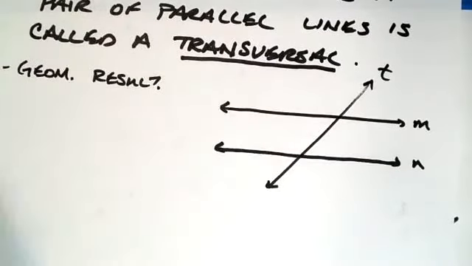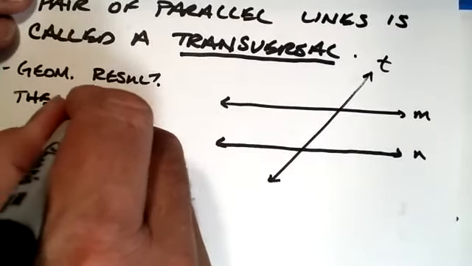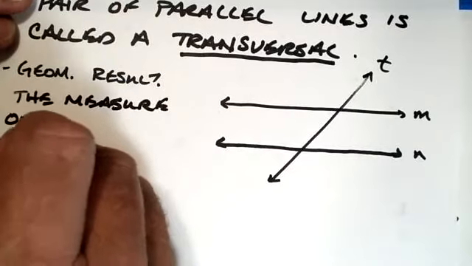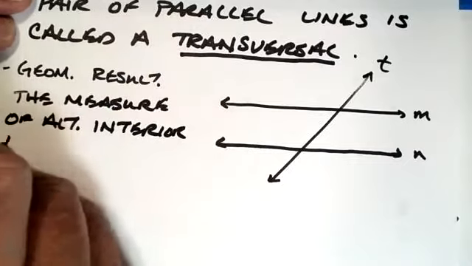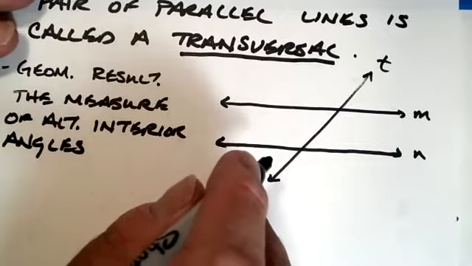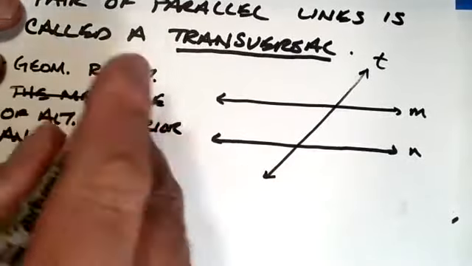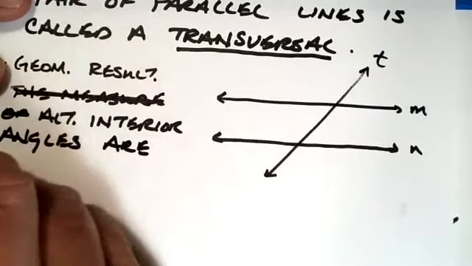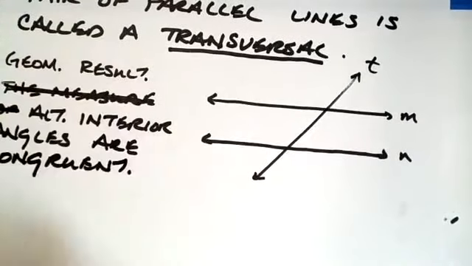So a geometry result is that alternate interior angles are congruent. Well, let me remove the statement about the measure. Alternate interior angles are congruent. That means they have the same shape. When we get into measure, you have to be careful which one is the start and the end.